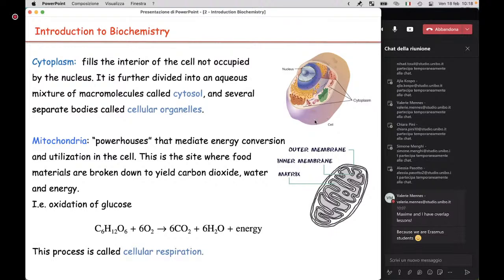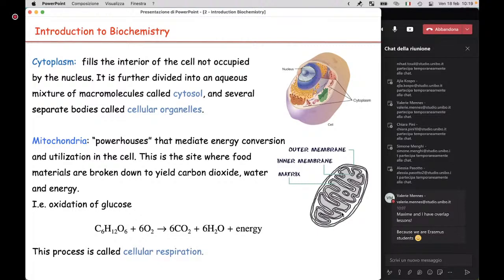Very important in the cells are mitochondria. Again, as you can see here in the drawing, mitochondria have a membrane, which is of the same kind as all other organelles and of the cell, but they have two membranes, an outer membrane, which is here, of course, the most external one, and an inner membrane, which is this one.